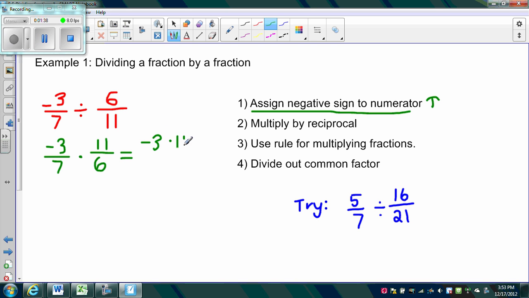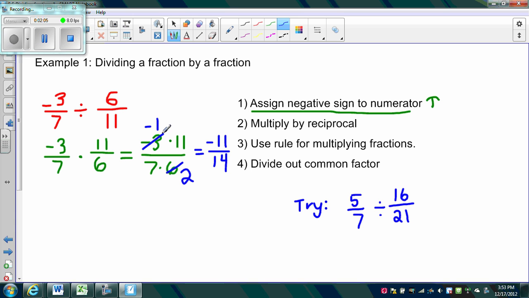Let's write it how we did in the previous section, over 7 times 6. And then we still use the rules for multiplying and divide out these common factors. So for example, this can become -1 because they're both divisible by 3. And in that case, there's nothing else to simplify, so we're left with -11 over 14.